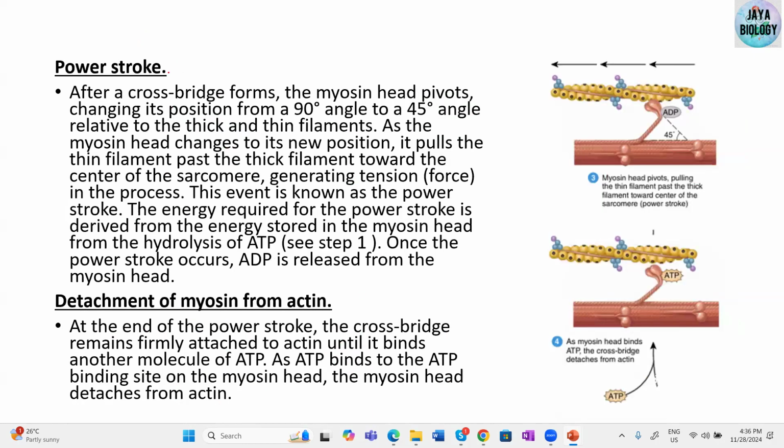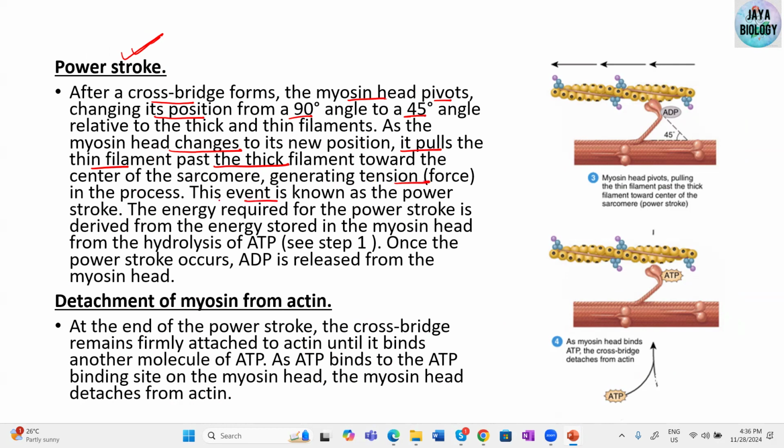After this comes the power stroke. After the cross bridge is made, the myosin head works like a pivot and changes its position from a 90-degree angle to 45 degrees. Is it clear? It will now come to the new position and pull the thin filament over the thick filament, generating force in the process.